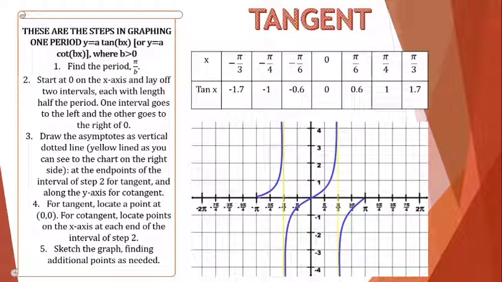Kapag naghahanap tayo ng exact value ng 90 to 180, 360, doon natin binabasa yung graph. So, dito, paano po naputol dito? Hindi ba dapat ganun din? Kung ilalagay nyo sa calculator nyo ang value, if x is equal to 180, that will be undefined.